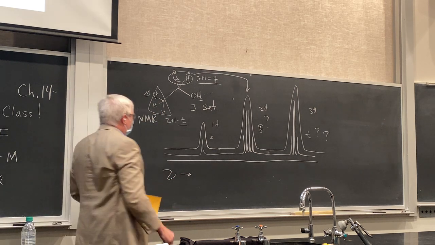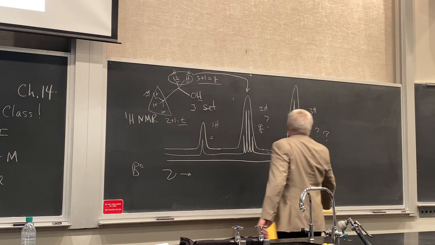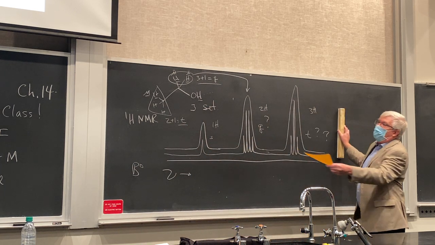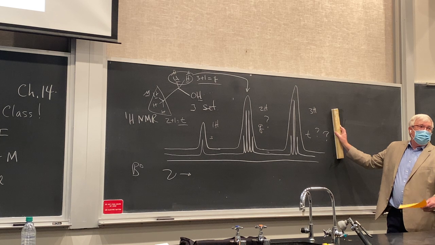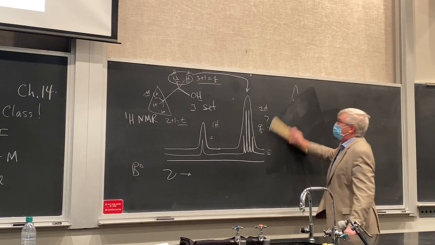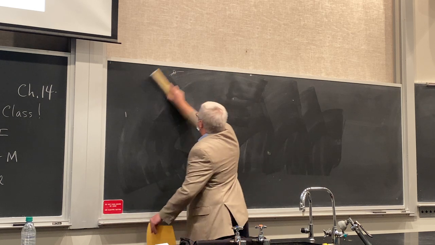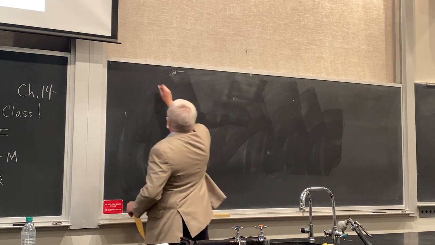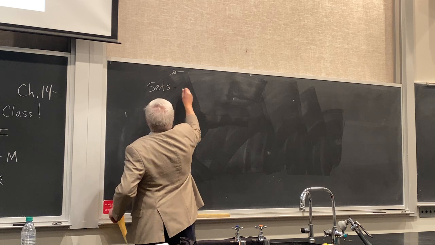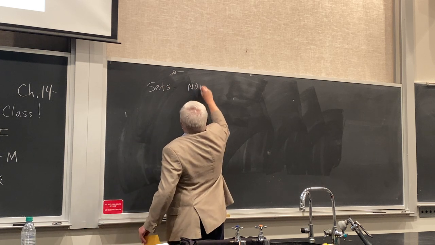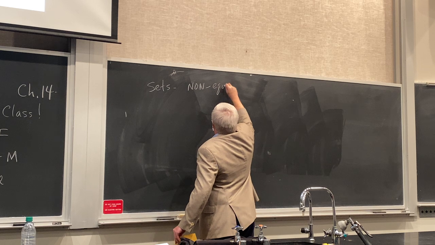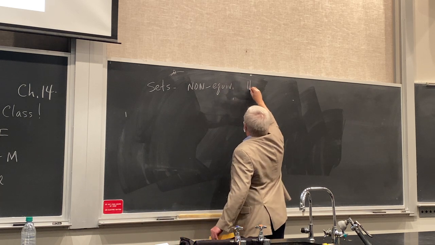But first, let's talk about the number of sets in a sample. So here we have 3 sets. Okay, 3 distinct types of hydrogens, we say. So let's go through this and talk about sets. And what do we mean by sets? We mean non-equivalent hydrogens.